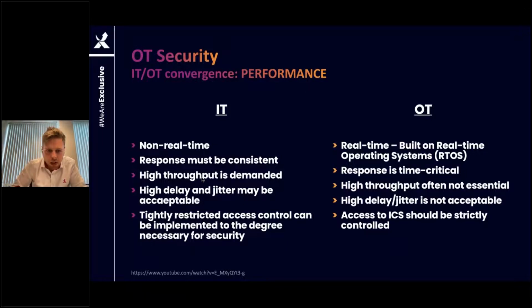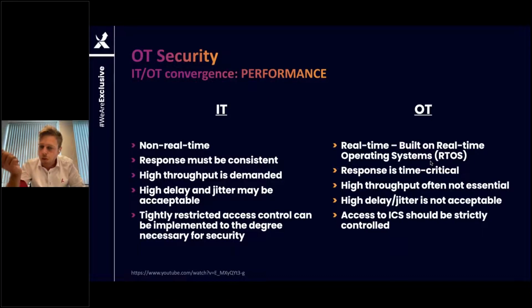The reliability of the network is less important. With IT, access control can be implemented to the degree necessary for security. With OT, it should be strictly controlled, as we've indicated on the previous slide, so the physical security. So with OT, as you can see, OT often is using RTOS, real-time operating systems. So the data which they use also needs to be real time. It's very time critical.